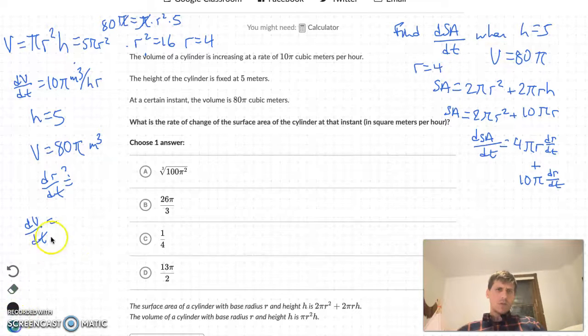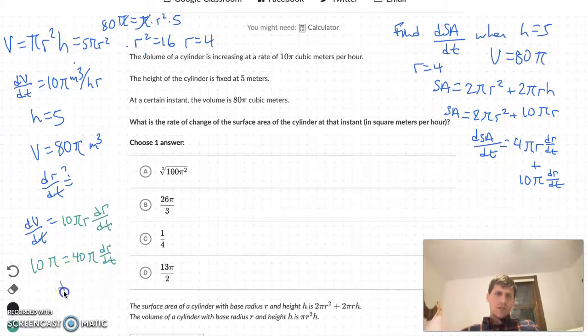Oh, that's an interesting eraser. Okay, so that'll be 10 pi r dr/dt. We know dV/dt is 10 pi. We know r is 4. So I can just see dr/dt is going to be 1/4.